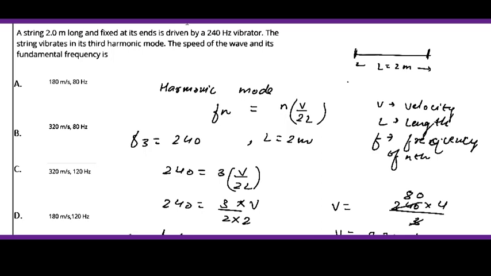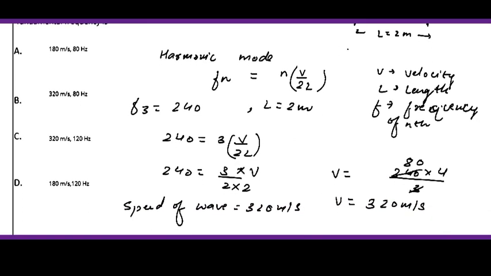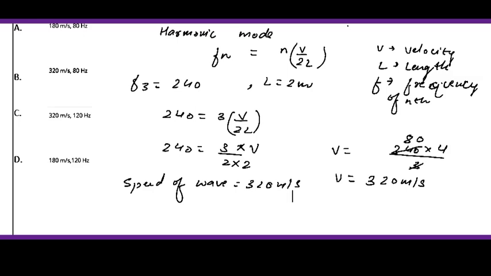Now the question is also asking for the fundamental frequency. The fundamental mode frequency is given by v by 2l, and here we have calculated v as 320 meter per second and l is given as 2 meter.